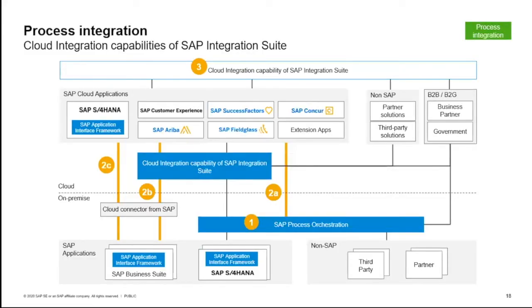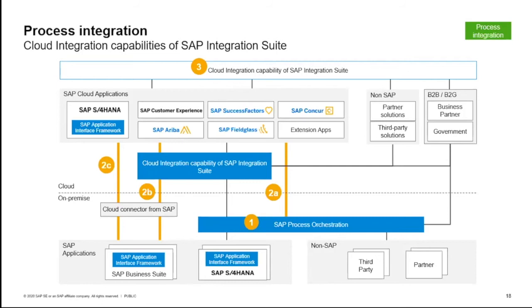Here we have provided an overview regarding the different integration options in an SAP context in a hybrid environment, where you have a mix of SAP cloud applications and likely some on-premise applications, but possibly also non-SAP solutions and, for instance, business partners and government authorities to integrate with.